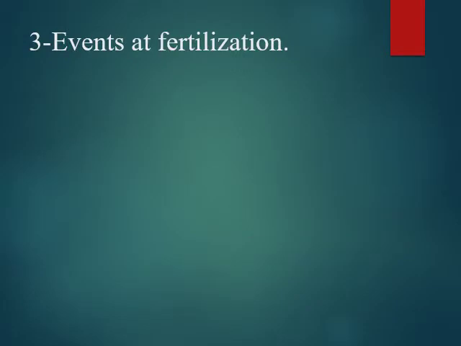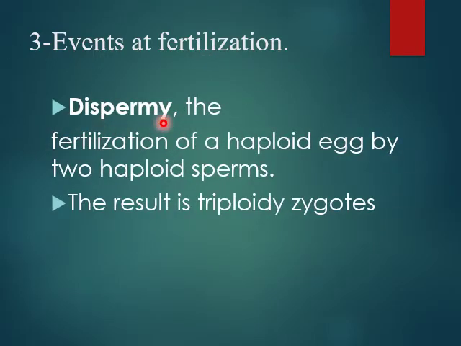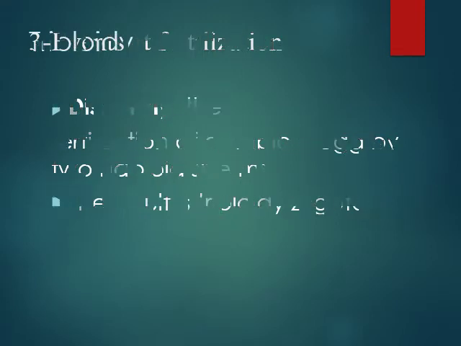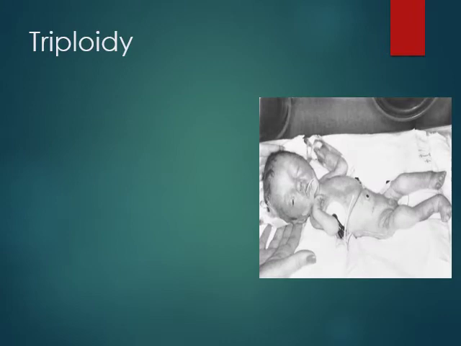The other cause of polyploidy occurs at fertilization due to a phenomenon called dispermy, in which a haploid egg is fertilized by two haploid sperm, forming a triploid zygote. Triploidy accounts for 17% of spontaneous abortions.